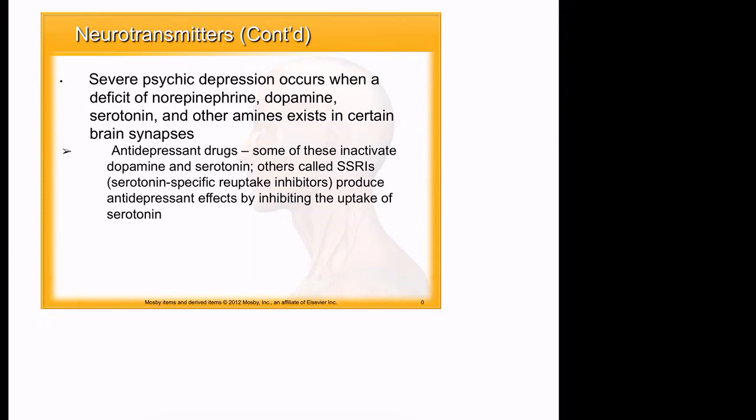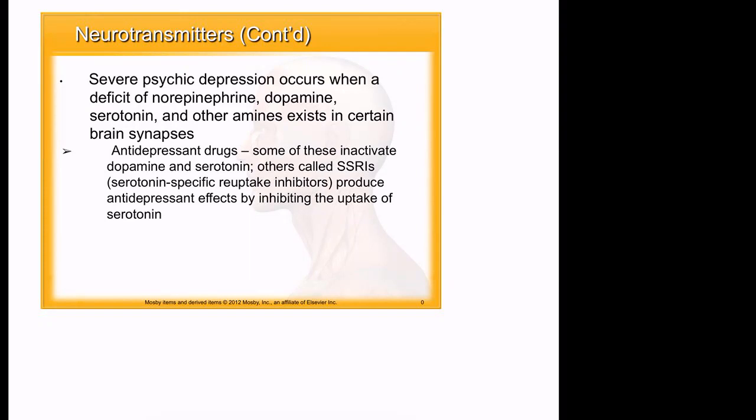Severe psychic depression occurs when there are deficits of norepinephrine, dopamine, and serotonin. Yeah. And this is in the textbook. So you can see here is what I was talking about. Selective serotonin reuptake inhibitors. The reuptake means the recycler.